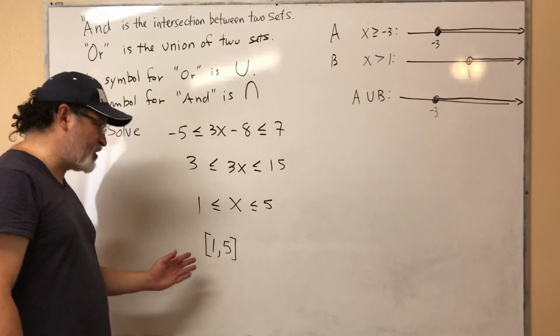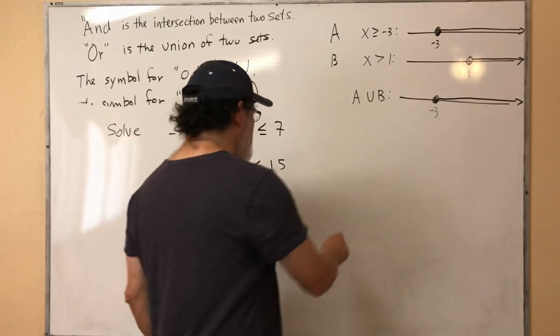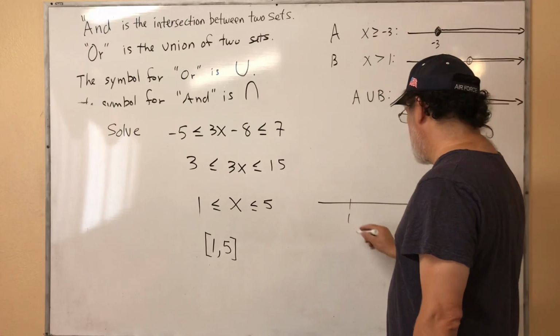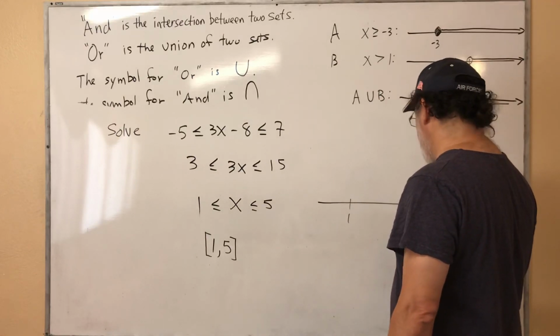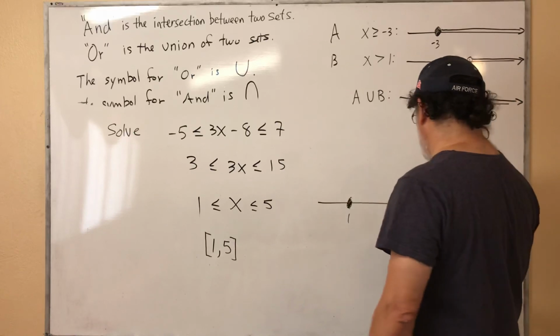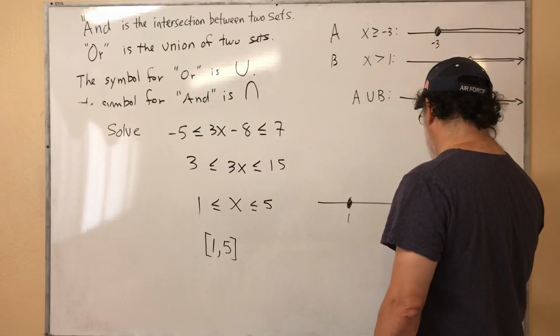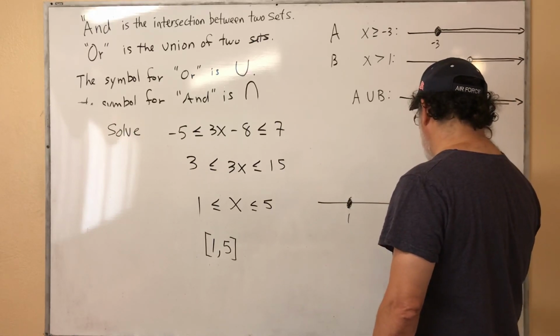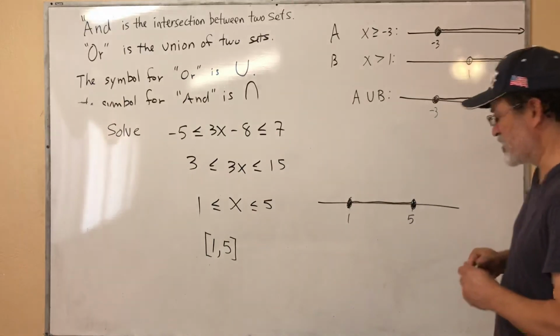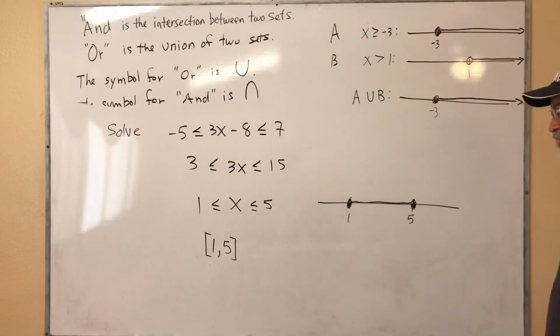Do you want to graph it? Sure, you can graph it. If you want to graph it, go to 1 and 5, circle 1 and shade it because it has equal, circle 5, shade it because it has equal, and everything in between. That's the graph to that.